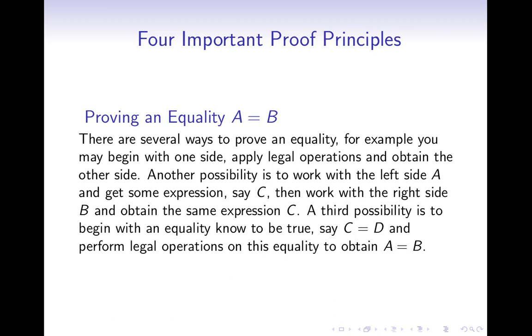And then a third possibility, which occurs less often, is to start with an equality you know is true and perform legal operations on that equality using the things you know to end up with the equality you want to prove. So all this is probably more understandable with examples.